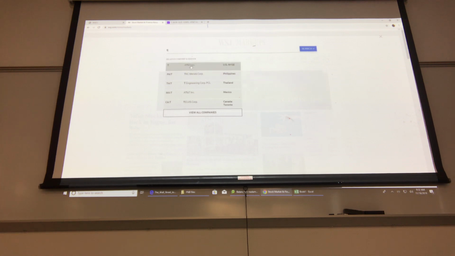As I get the AT&T, it tells me in which market AT&T is traded. AT&T is in the New York Stock Exchange. New York Stock Exchange is further down here, the Wall Street. I click it, and I have what is happening with the AT&T.